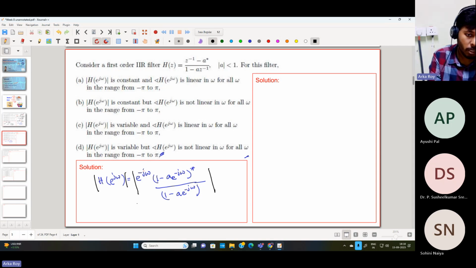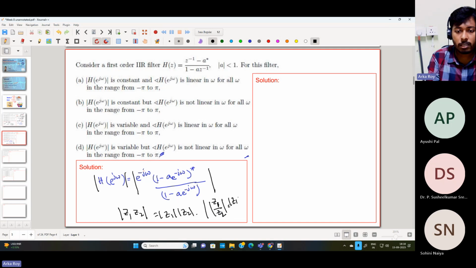Now from another property, we know that if Z1 and Z2 are multiplied and I take the mod, this will effectively be mod Z1 multiplied with mod Z2. Additionally, there is another formula: Z1 divided by Z2, if I take the mod of it, I can write it as mod Z1 divided by mod Z2.